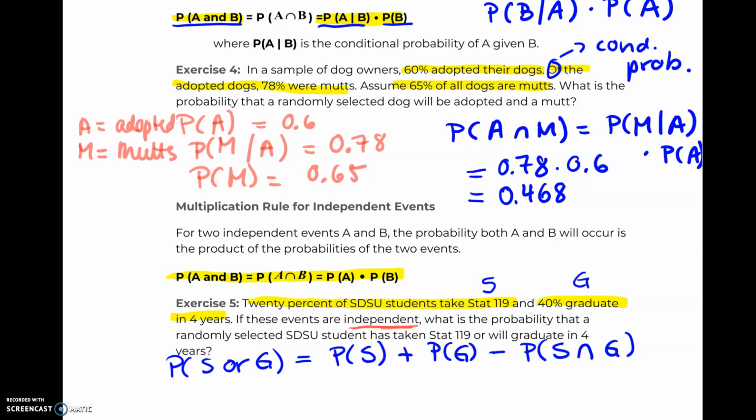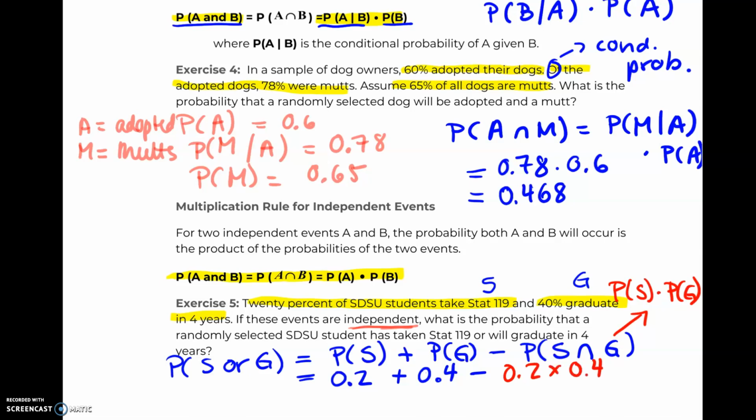So let's add these together. The probability of S is 20%, so that's 0.2. The probability of G is 40%, so that's 0.4. And since it's independent, that means we can simply multiply: the probability of S times the probability of G. So we multiply 0.2 times 0.4.